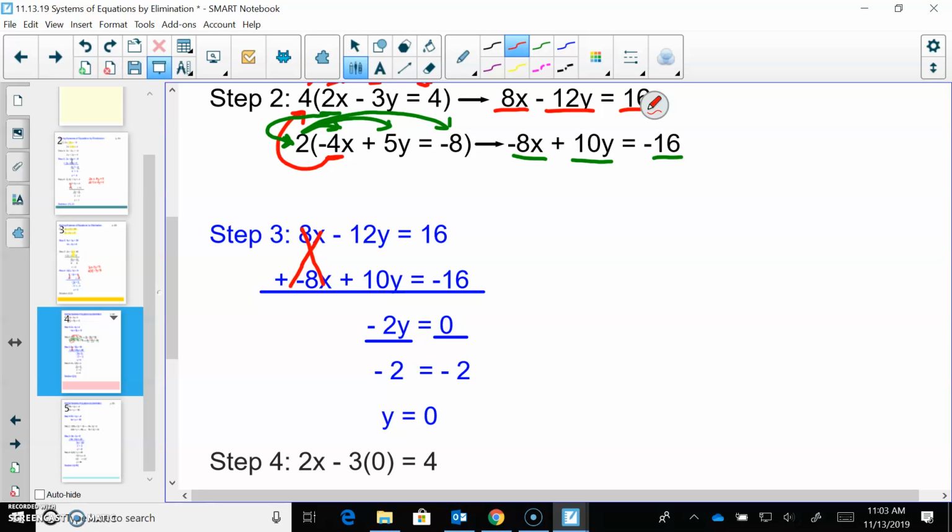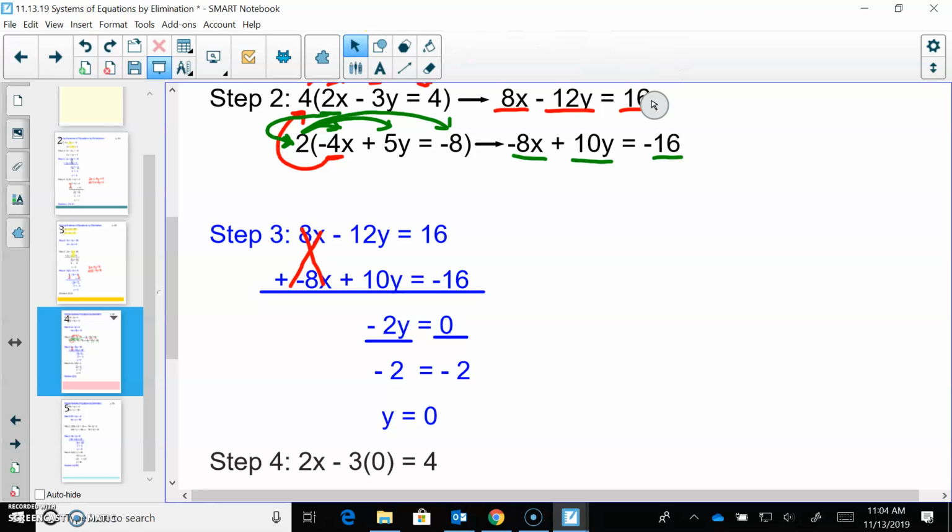When I do negative 12y plus 10y, that's how I got negative 2y. When I do 16 plus a negative 16, that gives me 0. They cancel out. Then I continue by dividing by negative 2 on both sides, and 0 divided by negative 2 is 0, which is why it says y equals 0.